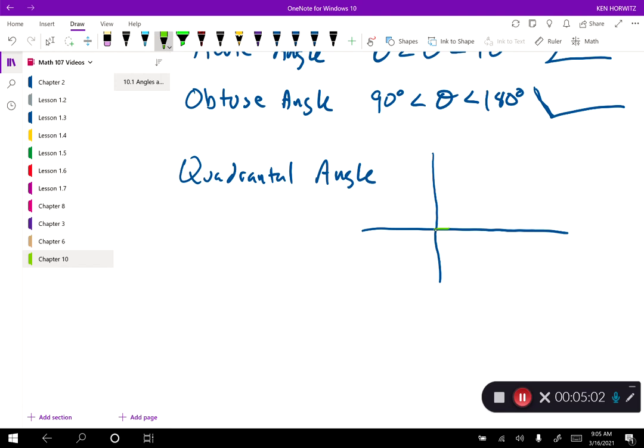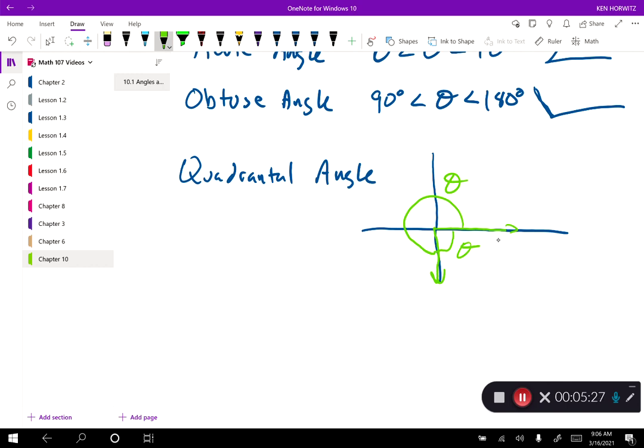So here is my initial side. And here is my terminal side. And it doesn't matter, this could be theta, or that could be theta. We can talk about angles going in different directions in a little bit. But that is called a quadrantal angle.